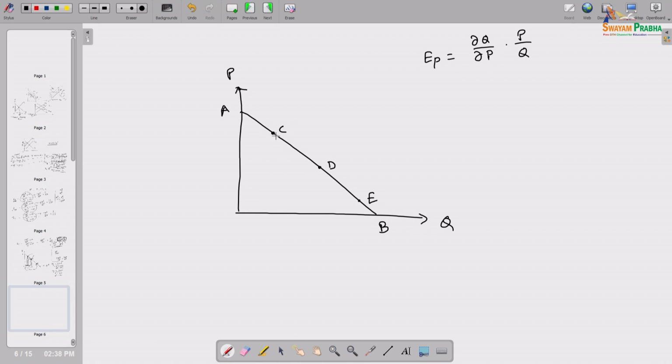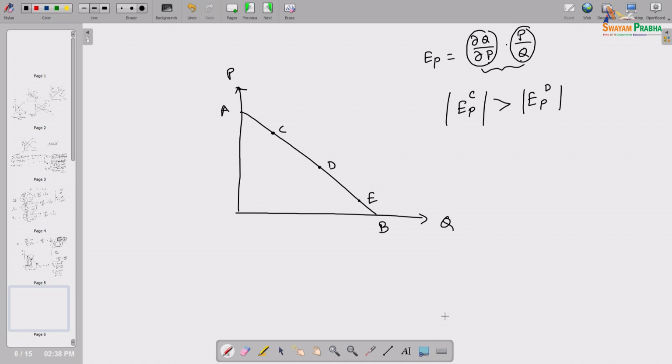So, at C point and at D point, in both cases this component is the same, but this other component is larger at C point vis-a-vis at D point. So, in their product, one component is the same, and the other is larger at one point and smaller at the other. So, the own price elasticity at point C should definitely be greater in absolute value than the own price elasticity at point D. Why absolute value?